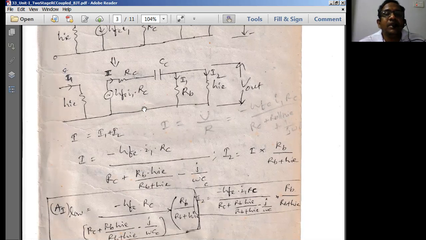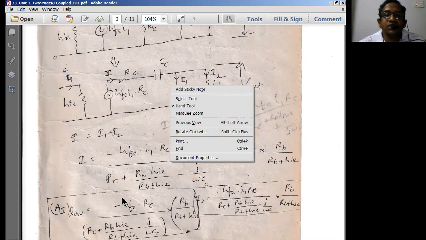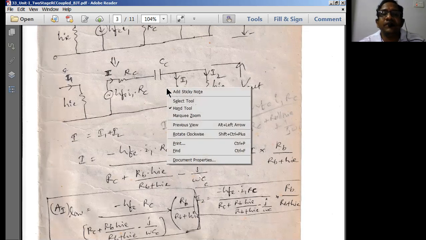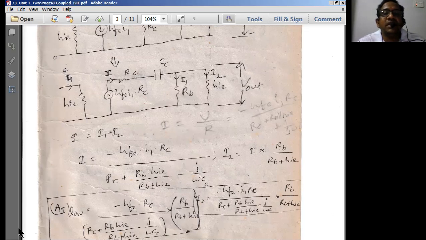The total resistance is RC plus the parallel combination of RB and HIE, and what about the impedance of this capacitor? I can write this as minus J by omega C. This is the general formula we have for impedance.